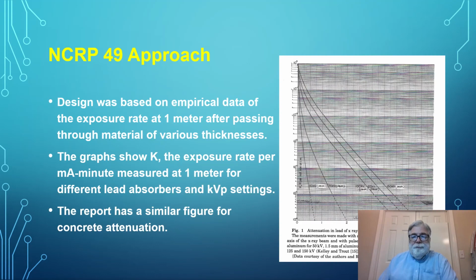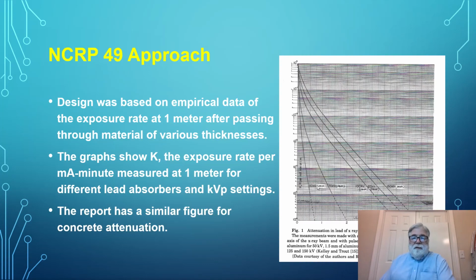The way things worked in NCRP 49 is that we make all of our determinations based on this graph or graphs like this one, which show the attenuation.